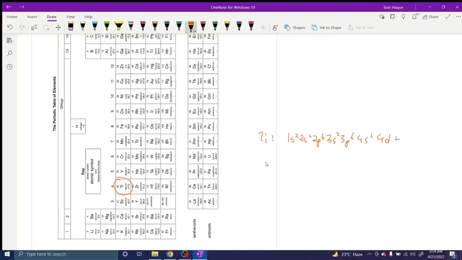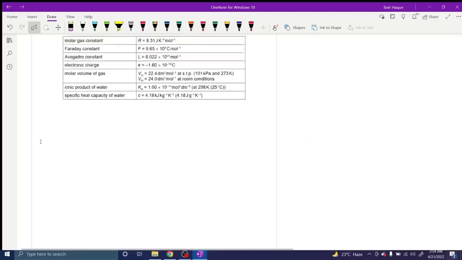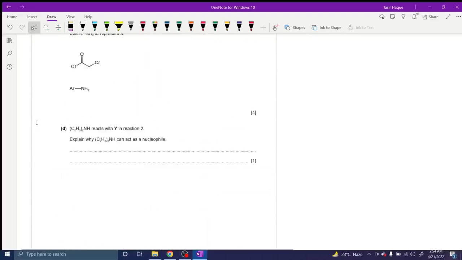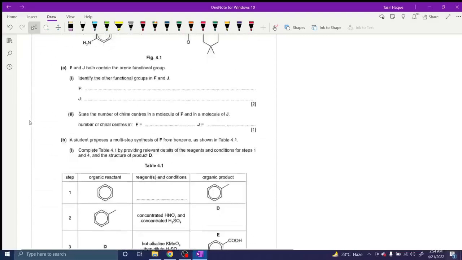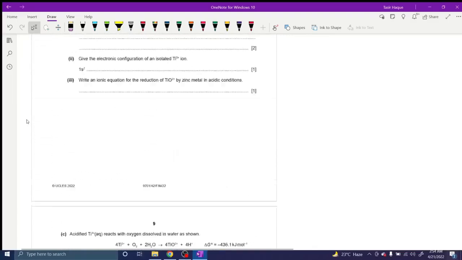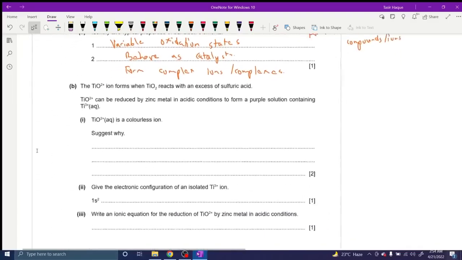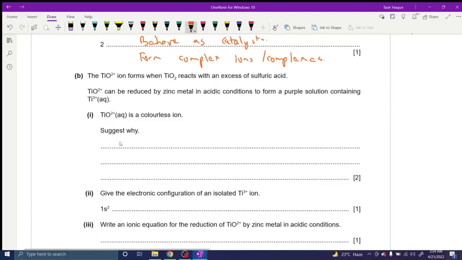So when we form the Ti4+ ion, what happens? 1s2, 2s2, 2p6, 3s2, 3p6. That's it. These 4 electrons are gone, right? So it actually has an empty d orbital, so it cannot be classified as a transition element. This ion at least can't be considered as a colored complex. All right, that's what we need to understand. Okay, so Ti is in 4+.